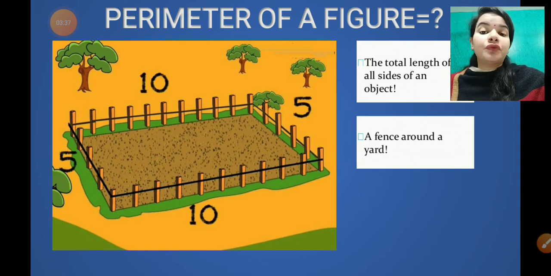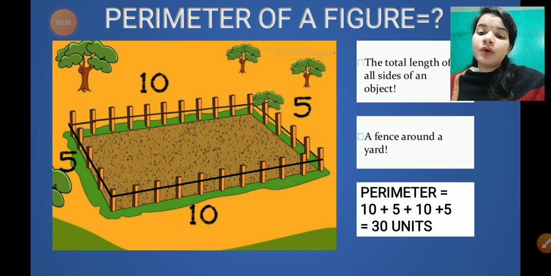And if you have to find out the perimeter, what will you do? Just simply add all the sides. You will get the perimeter as 30 units. Now for the unit of perimeter, if any unit is given in the question, your perimeter will hold the same unit.